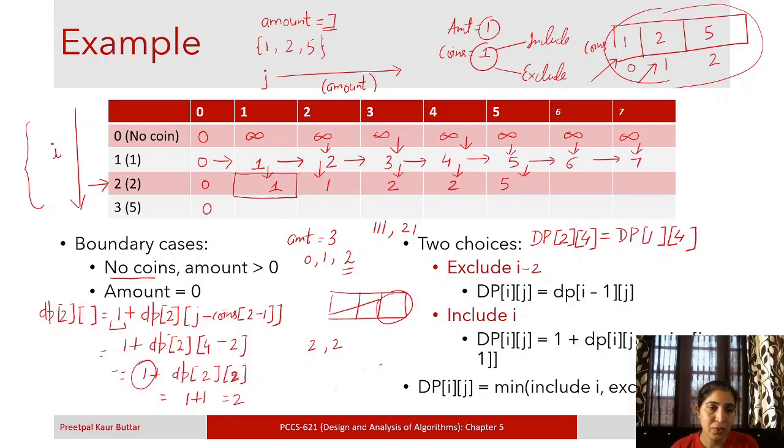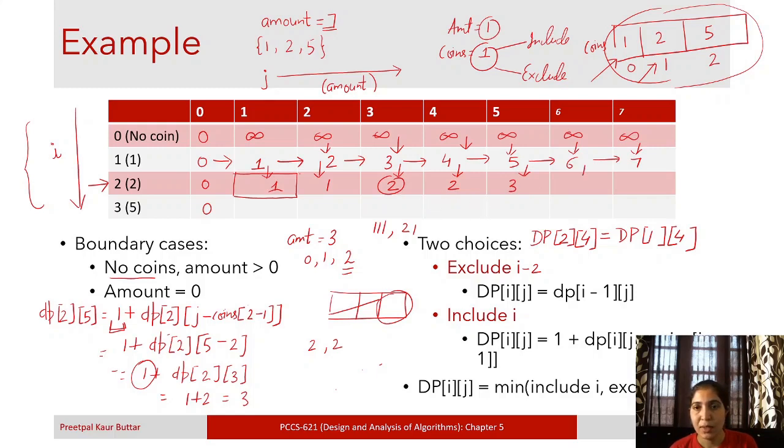When you include 2, you pick a 2 rupee coin, you add 1 coin to the solution, and the amount left is 5 minus 2, that is 3, and the solution for this is 2 comma 3, that is you need 2 coins, it is coming from here. So in total you need 3 coins. Out of 5 and 3, the minimum is 3, right?